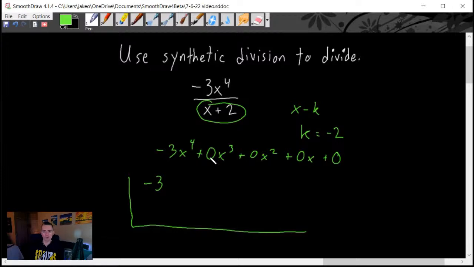So we would have a 0, a 0, a 0, a 0. We need 4 extra zeros to get from x to the fourth down to our constant number all by itself. If it helps you to write all this out, I would definitely recommend doing that. But a shortcut is that whatever your highest power x term is, in this case x to the fourth, you need one more total term than that. So we have 5 total terms here based on the fact that our highest power x is x to the fourth.